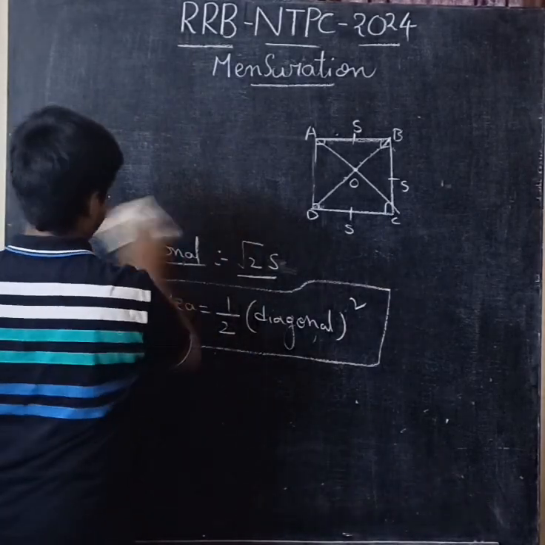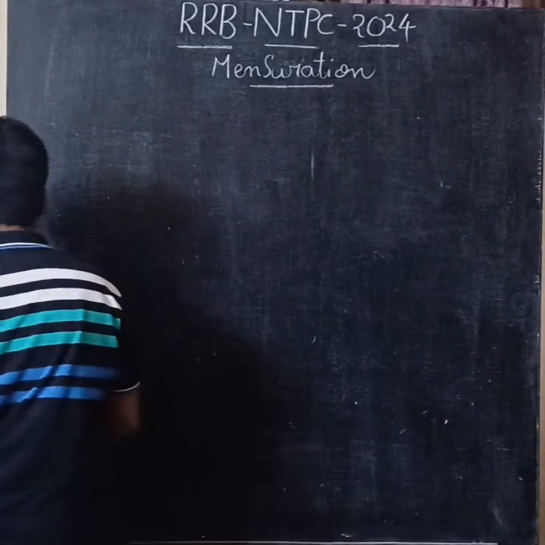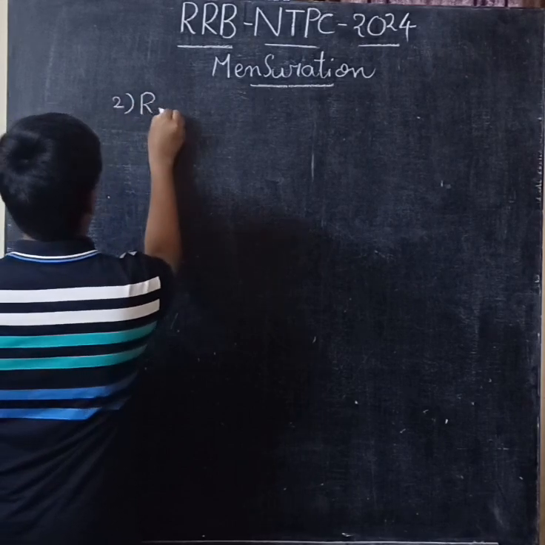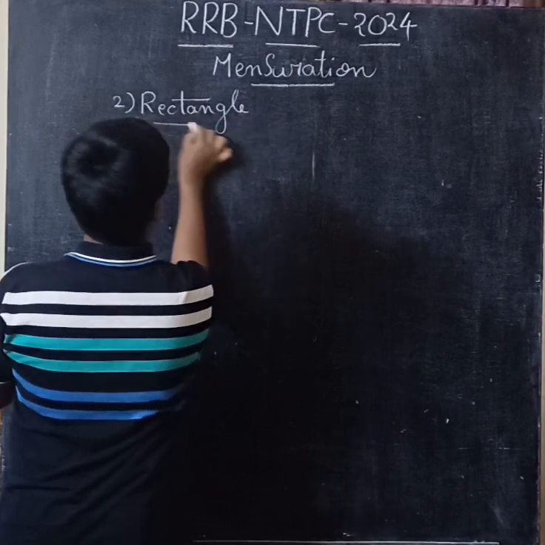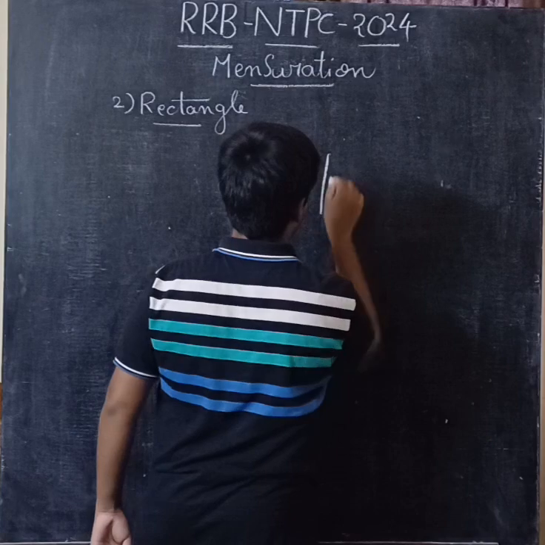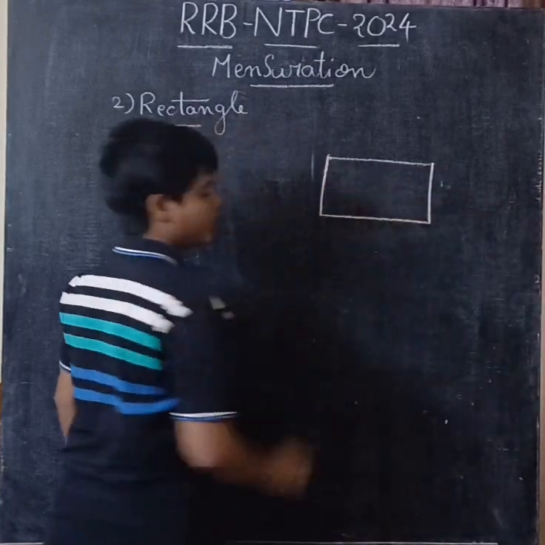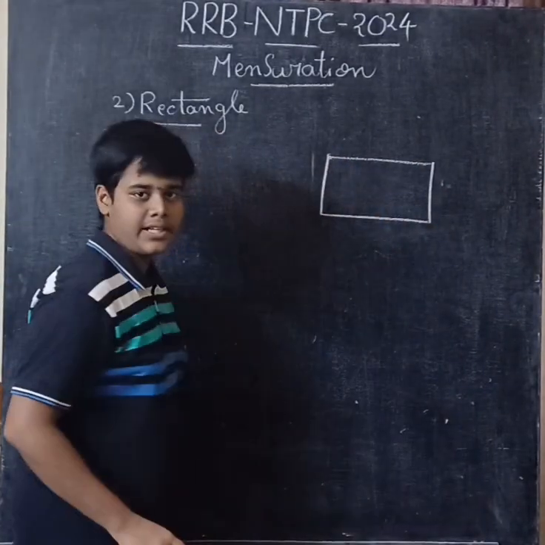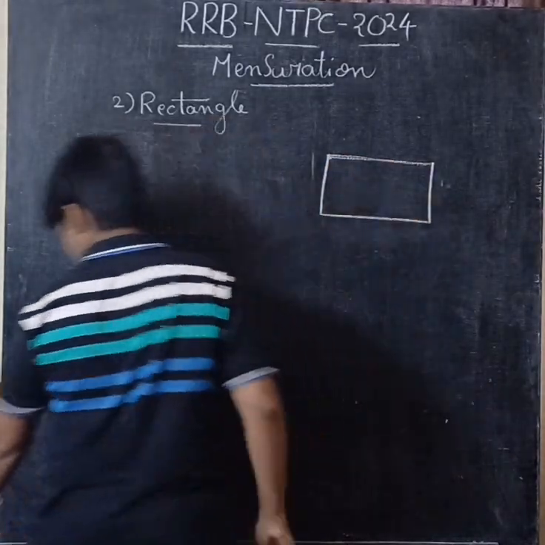And the next one, second one, rectangle. So rectangle is also a four-sided polygon, and the small difference between square and rectangle is that opposite sides are equal in a rectangle, and in a square all sides are equal.